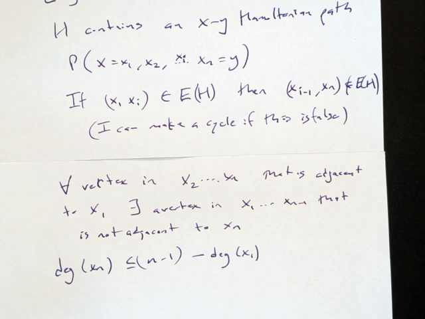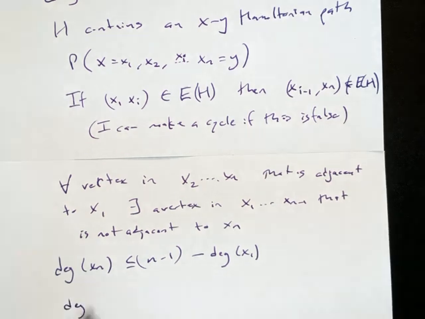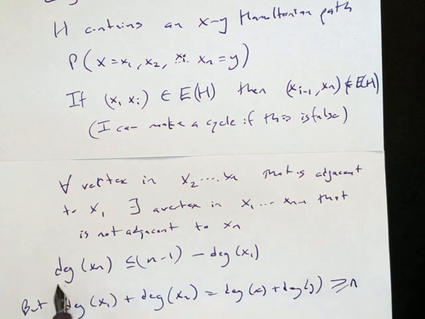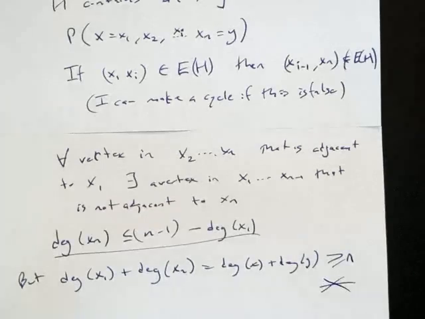Those are not adjacent in H, right? What do we know about non-adjacent vertices? We know that the sum of their degrees is bigger than or equal to n. Not according to that. There's my contradiction.